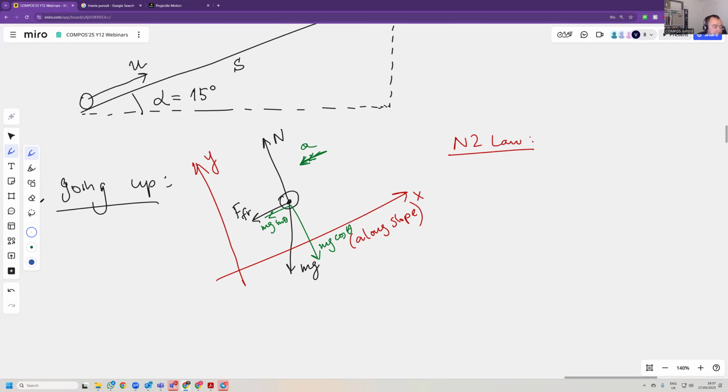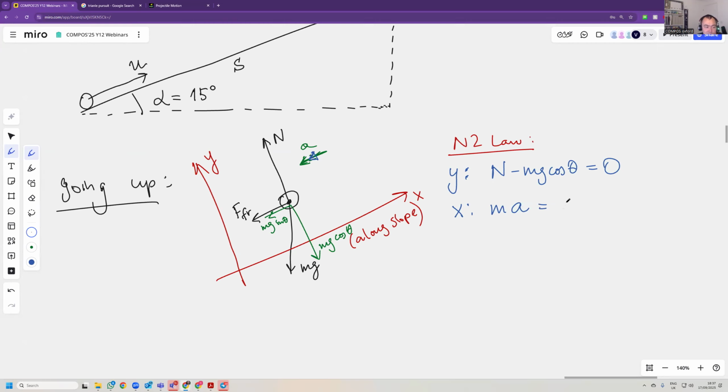Newton's second law. So in the y direction, the particle is not accelerating. So it's not going up along the y-axis and it's not going down along the y-axis. So along the y-axis, the normal reaction force minus mg cos theta must equal 0 because it's not accelerating. And along the x-axis, mass times acceleration. So acceleration is to the left.